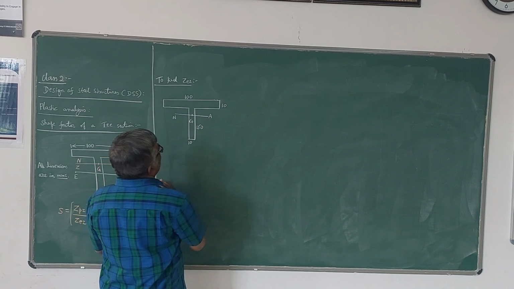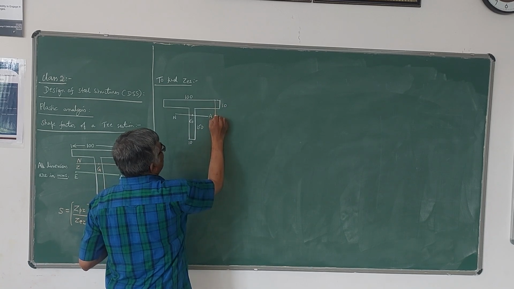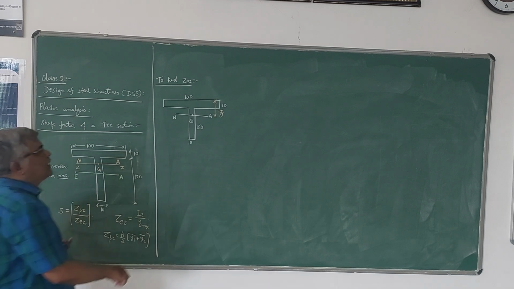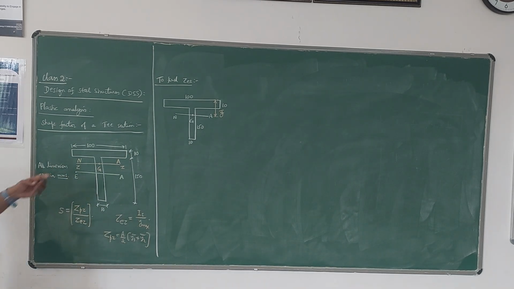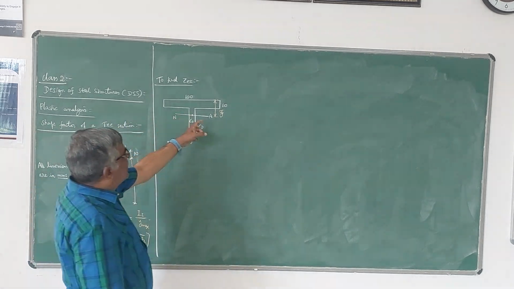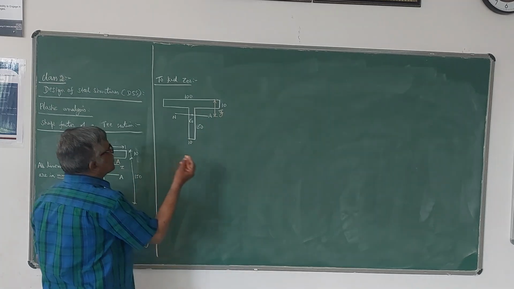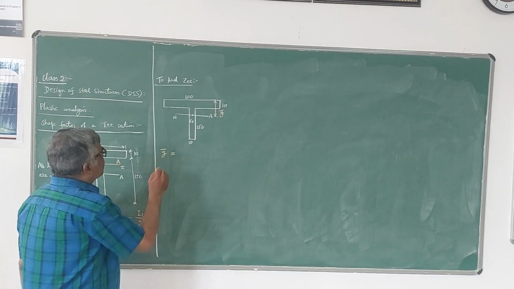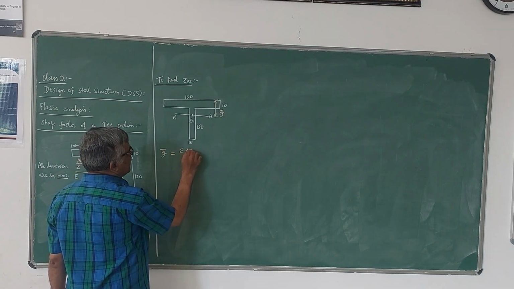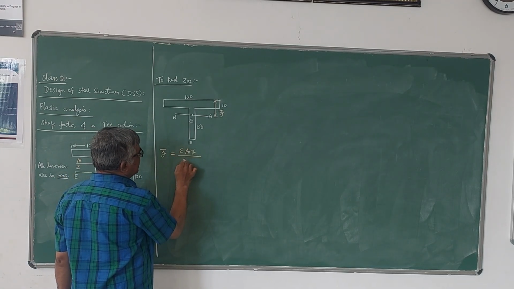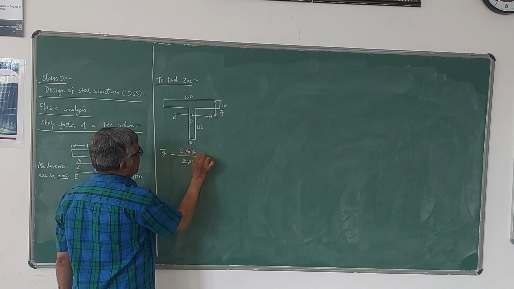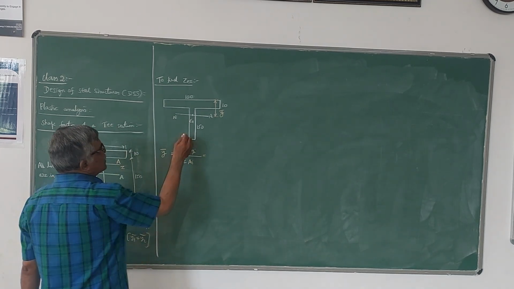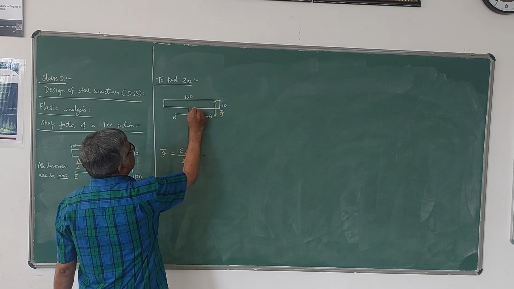Let me denote the distance of this neutral axis, or centroidal axis, from the top fiber as y bar. As per the centroid formula we learned in mechanics, y bar is given by sigma ai yi divided by sigma ai, where yi is the distance of the centroid of each simple section.